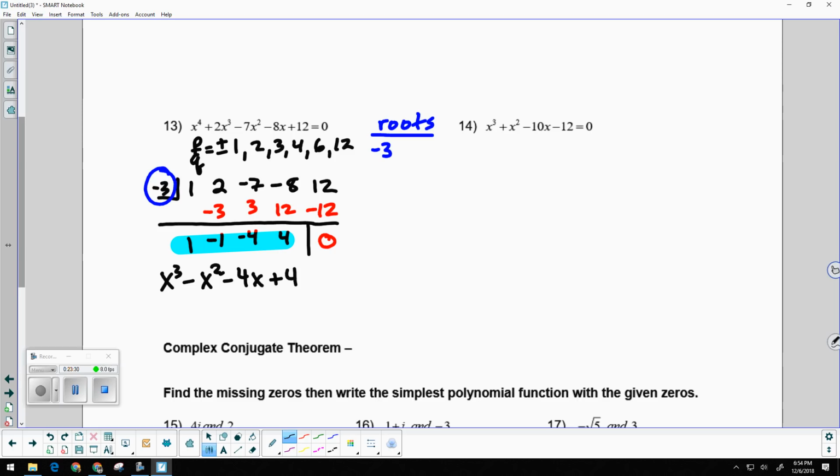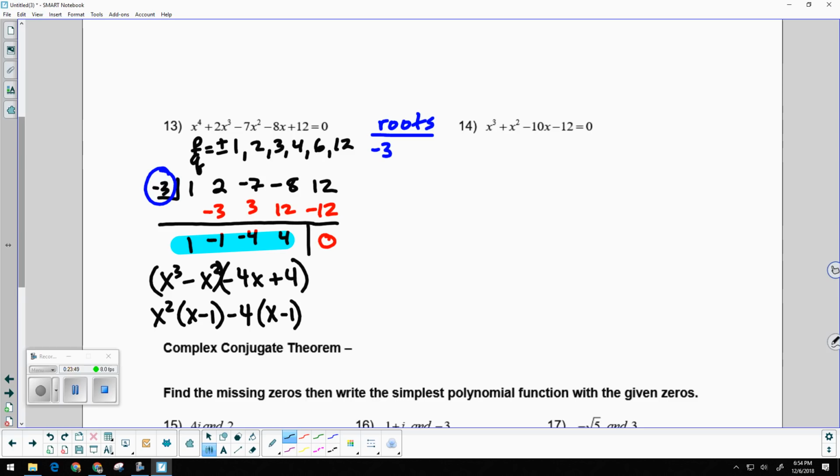Now the rule is to factor this. I've got 4 terms, so I use grouping. Group, group. GCF is x squared, leaves me with x minus 1. GCF is -4, leaves me with x minus 1.